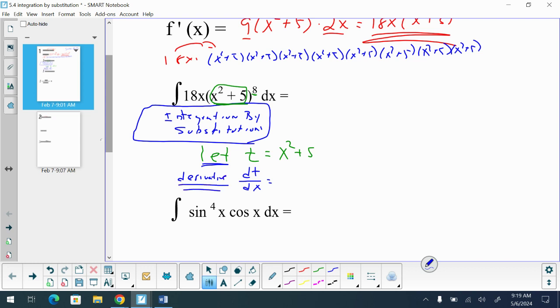This is where students tend to start running into problems, because we're talking about integration, but to do the integration, we have to do a derivative. So I need to make sure in my brain that I'm doing the right rule here. So I'm going to take the derivative of x squared plus 5, which is what? 2x. Again, my exponent goes out front, and I drop my exponent by 1.